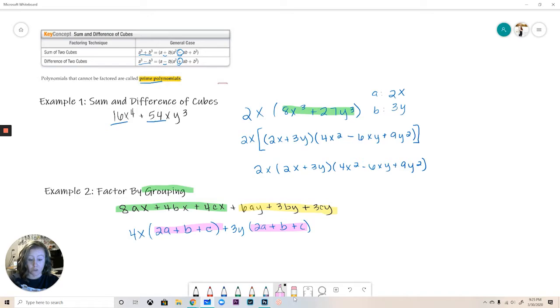They're really long terms, but I can factor that out here, and I can say, all right, well, both of these are being multiplied by 2a plus b plus c, and I'm left with a 4x plus 3y. And then I'm going to scan real quick. Is there anything else I can factor out? No common factors, no perfect squares, no perfect cubes, nothing like that. So there is our answer for example 2.